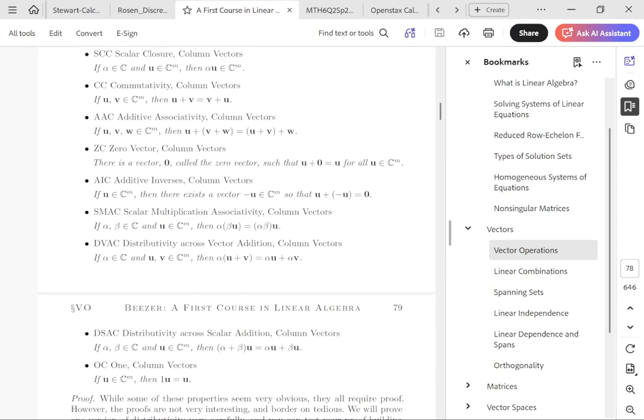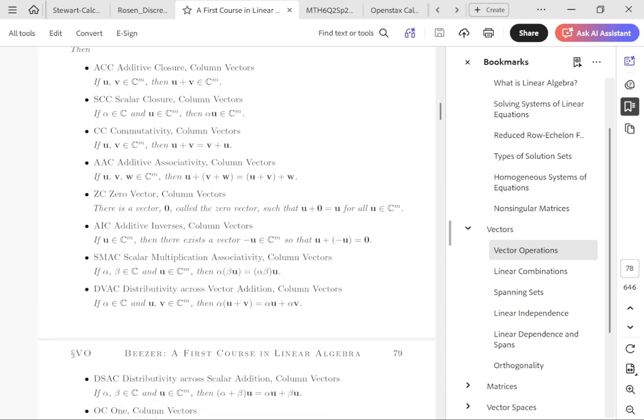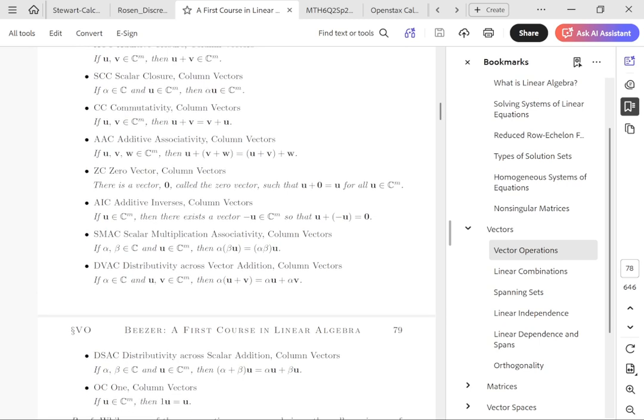Now notice here that a lot of these properties are the same ones for the real numbers. They're just an extension to these column vectors. As we'll see later when we talk about general vector spaces, these properties need to follow for any other type of vector space that is not Euclidean m-space. These same properties will be the same.